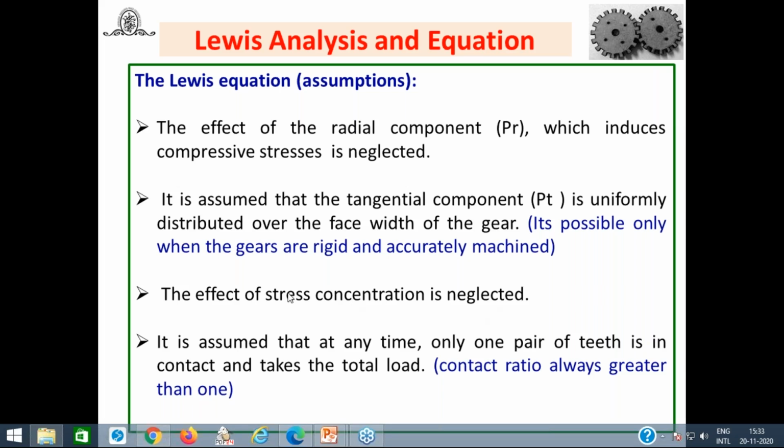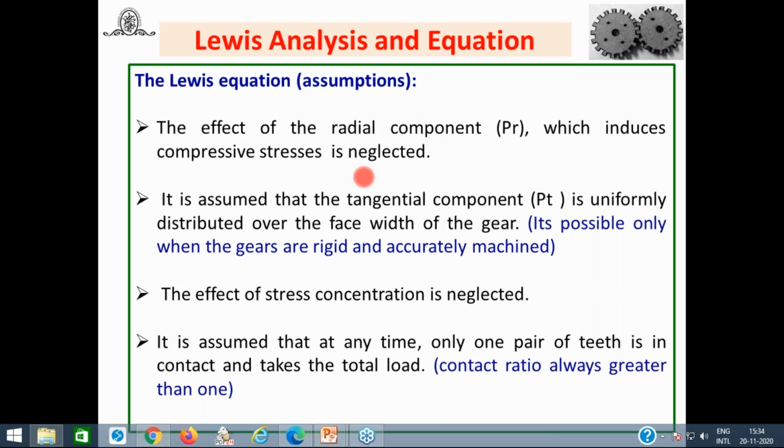The first assumption in the Lewis equation is that the effect of the radial component PR, which induces compressive stresses, is neglected. As per our earlier discussion, spur gear is subjected to tangential as well as radial load.